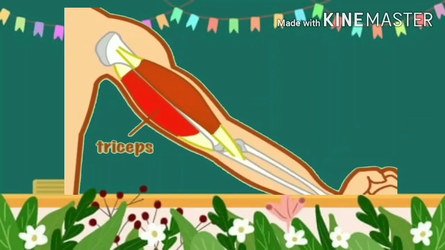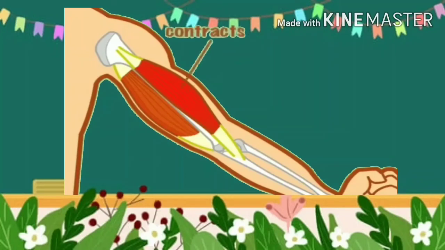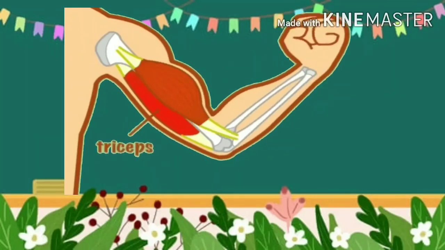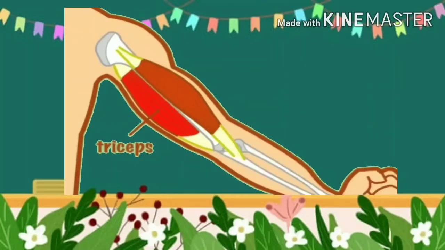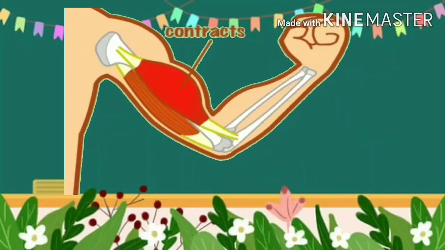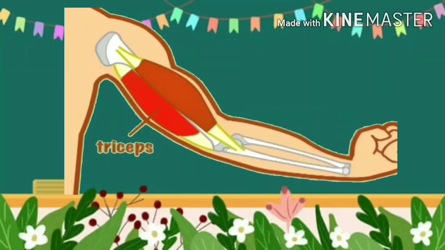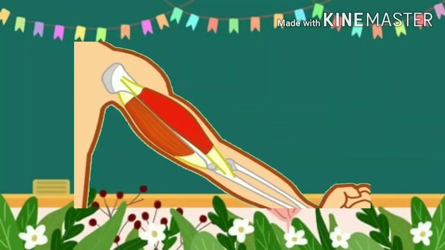Now see here the muscles of the arms. The upper arm has a long bone, you can see, which has a pair of muscles called biceps that are at the front and triceps that are at the back. So these biceps and triceps work in pairs.